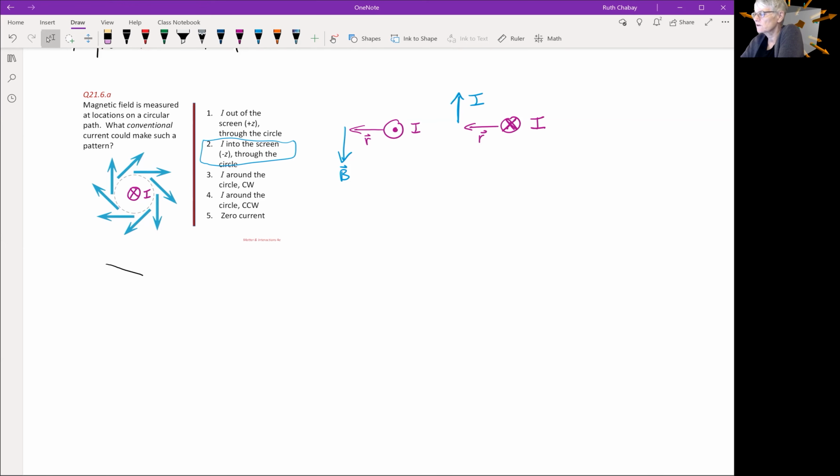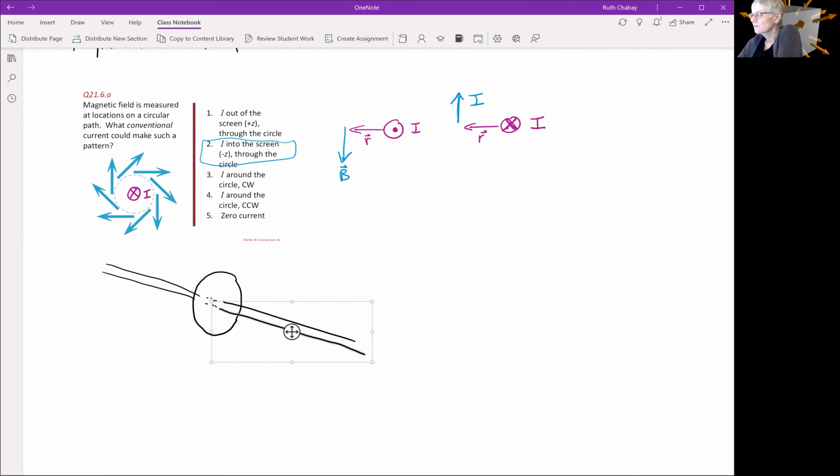So if we drew this edge on, it might look something like this, where we have a wire coming through our surface.